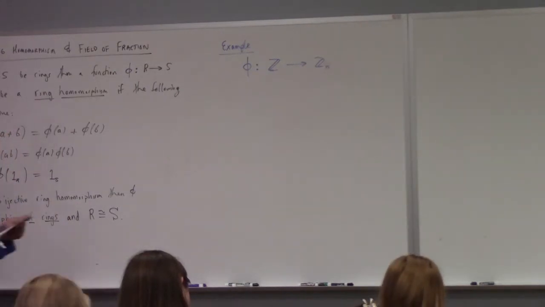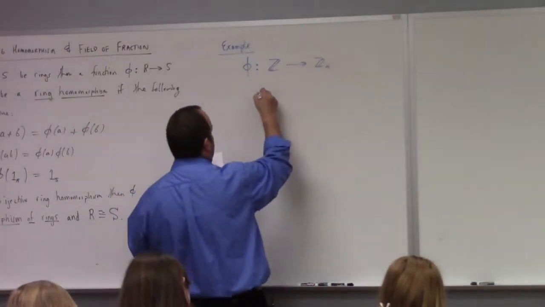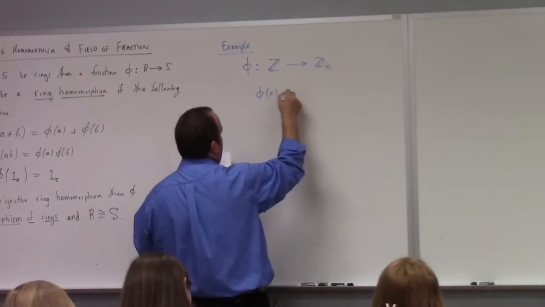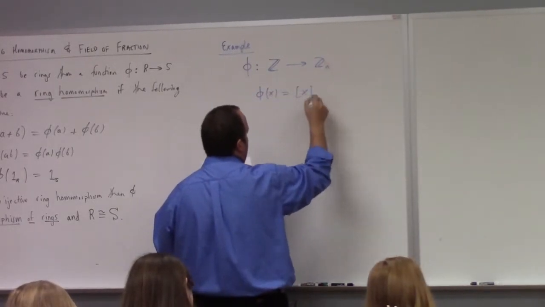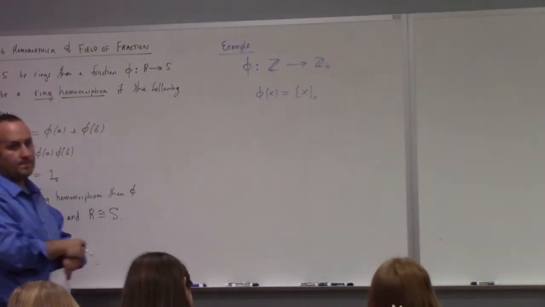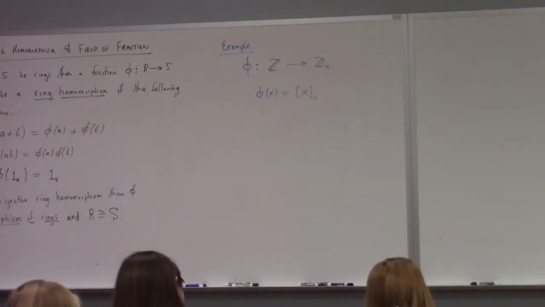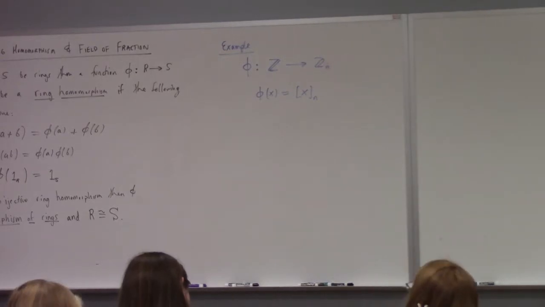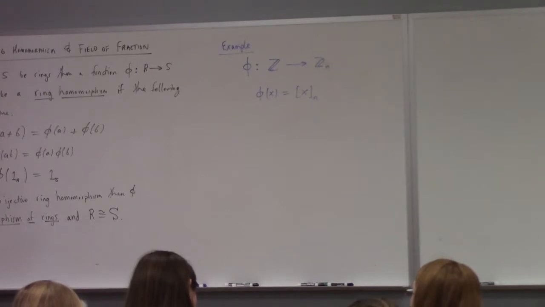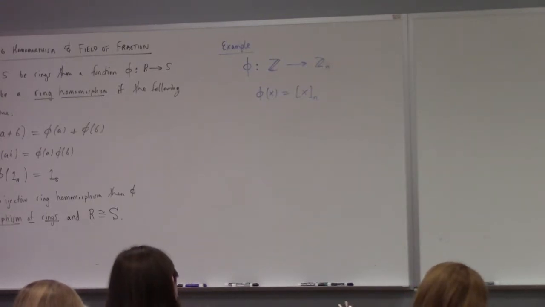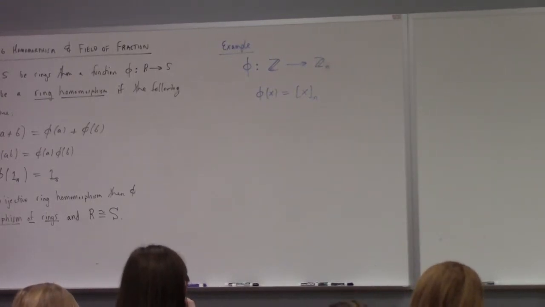And I'm going to let the map just be phi of x equal to x mod n, right? First of all, is this a function? Certainly Z and Z_n are rings, right? Is this mapping a function?